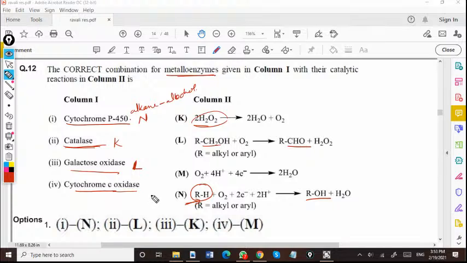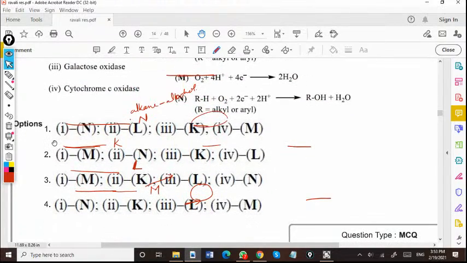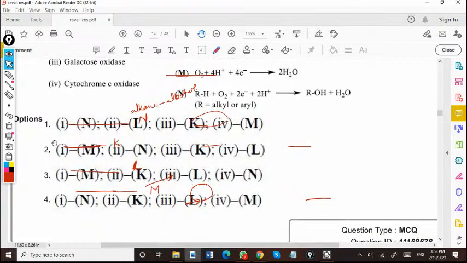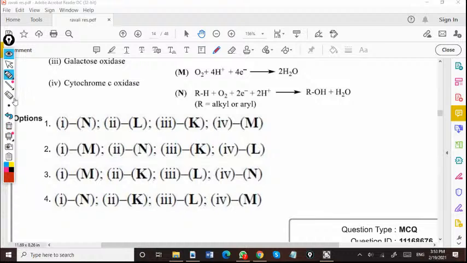Cytochrome C oxidase will convert oxygen into water. So your answer will be NKLM, so option 4 is correct.